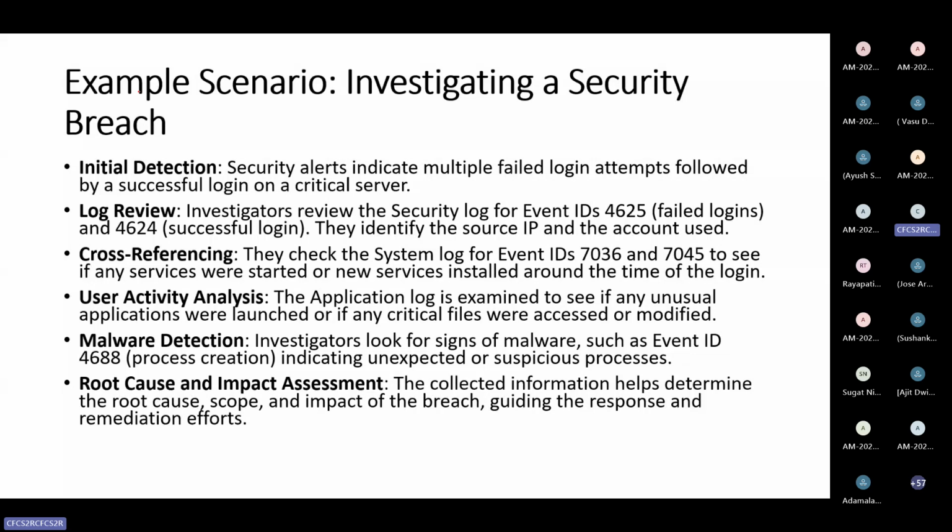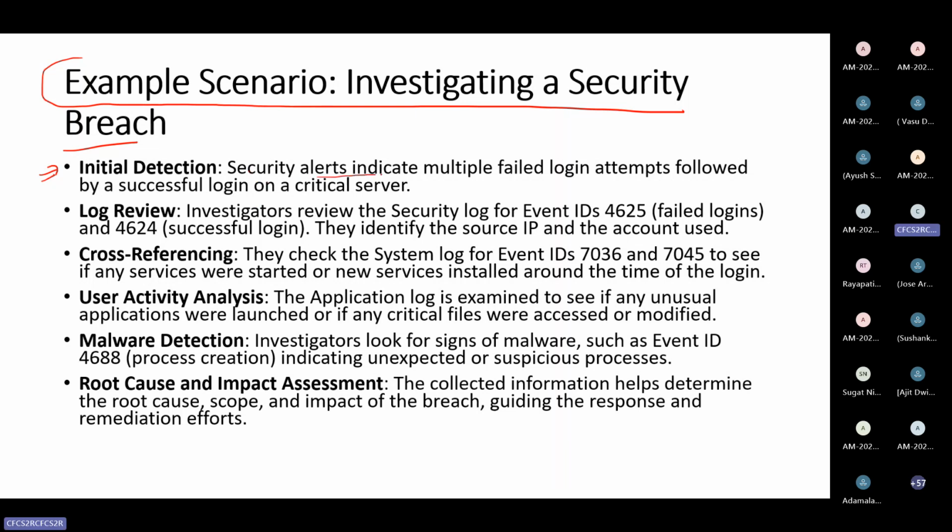Okay, let us take an example scenario first, investigating a security breach. We will see the initial detection. This is a real world case scenario which has actually happened, and we have converted it into an example. So what's the initial detection?